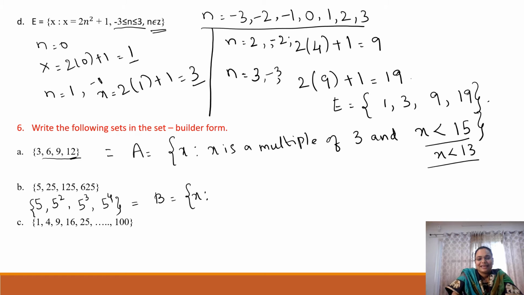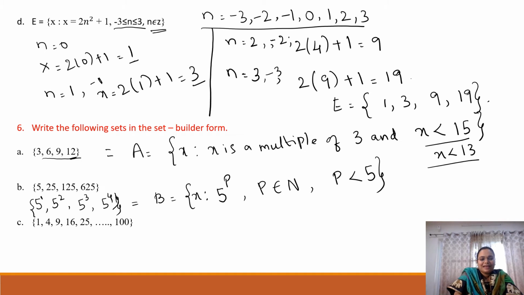The bases are the same, only the powers are changing. 5 power p, I am taking 1, 2, 3, 4 as p, where p belongs to natural numbers and p is less than 5. Yes, we do not have 5 power 5. It is only ending at 5 power 4.